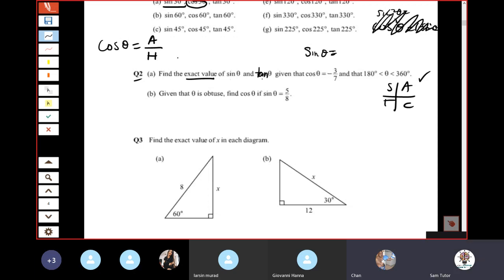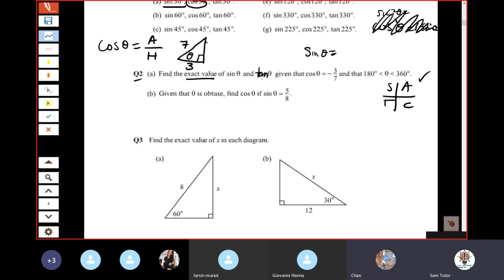Yeah, right. Don't you see that if this just came from a triangle, you would draw the triangle, right? And then you can say there's theta, there's your adjacent, which is 3, there's your hypotenuse, which is 7. Aren't you able to work out this side here?